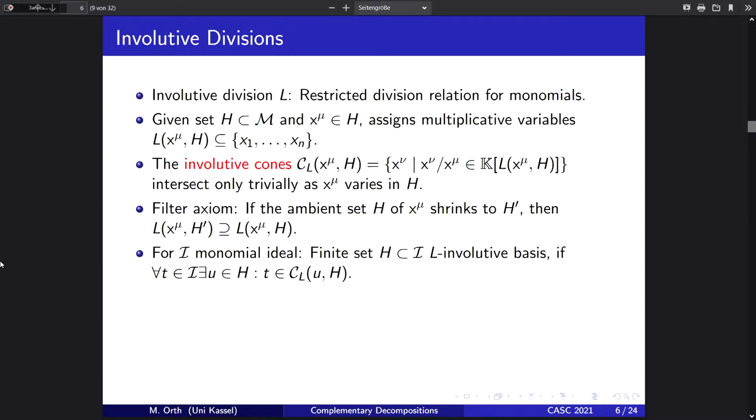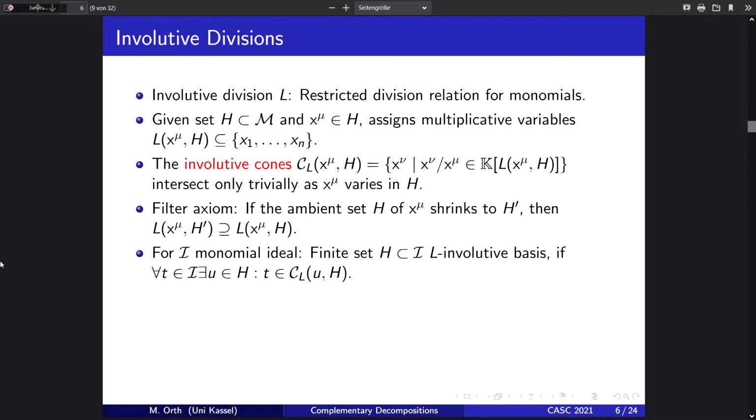And then involutive cones are introduced. These are just cones as before, where x^mu is the vertex and the multiplicative variables are the variables for the restricted term sets that we use as multipliers. And it's supposed to also satisfy the so-called filter axiom, which I'll not go into detail about.